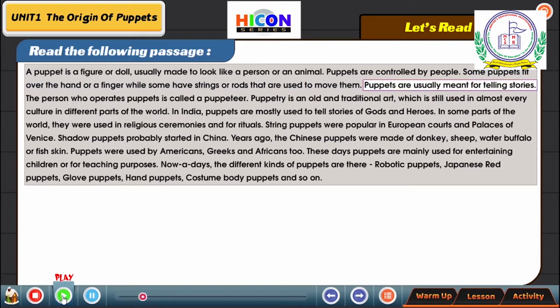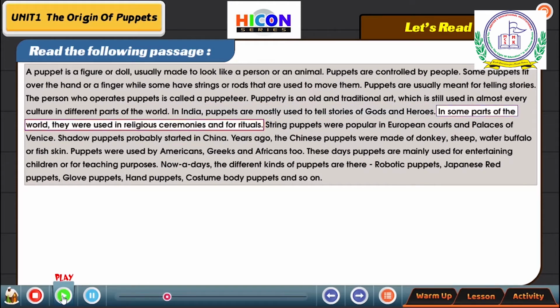Puppets are usually meant for telling stories. The person who operates puppets is called a puppeteer. Puppetry is an old and traditional art which is still used in almost every culture in different parts of the world. In India, puppets are mostly used to tell stories of gods and heroes.